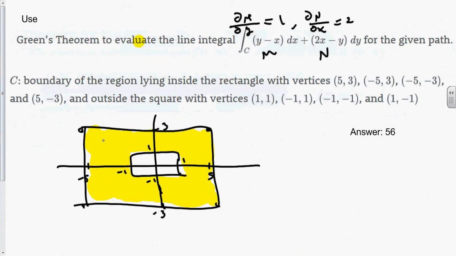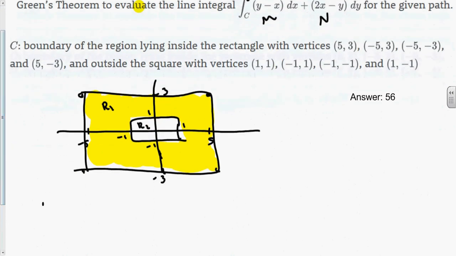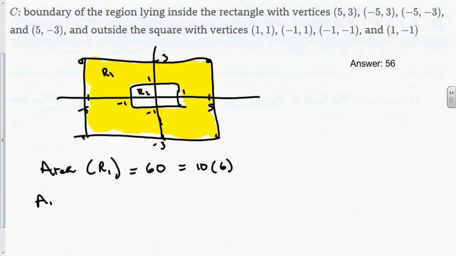If I call this R1 and call this R2, now the area for R1 is equal to, let's see, this goes from 10 to 6, right? The length is 10, and then the height is 6, so that's 60. 10 times 6. Then the area for R2 is 2 times 2, you get 4.